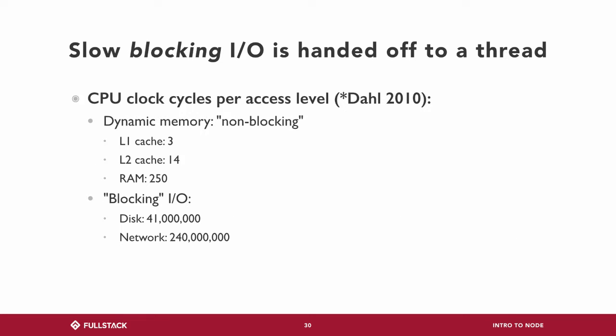And I think what we're looking at here is that we could make a distinction as to what we would consider blocking and what we could consider non-blocking. If we could do something pretty fast in memory, then we would say we don't necessarily need that to be blocking.